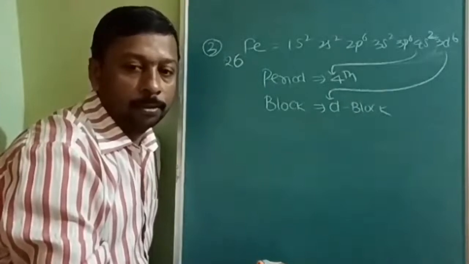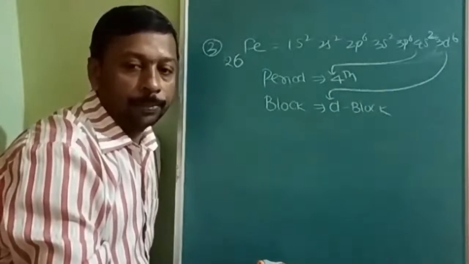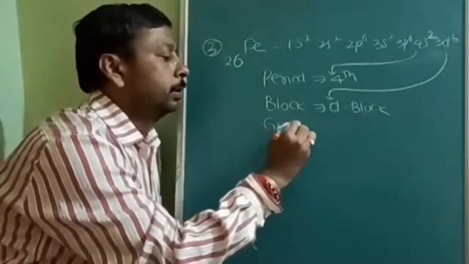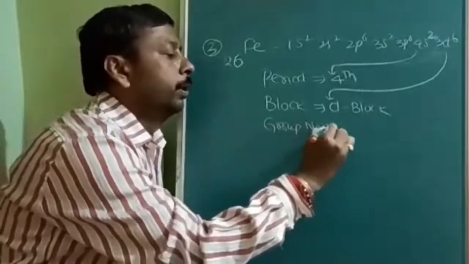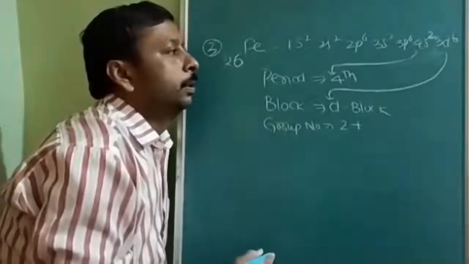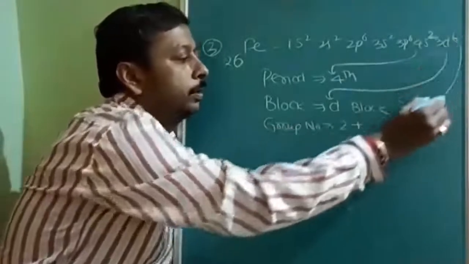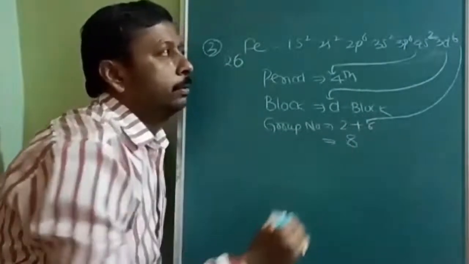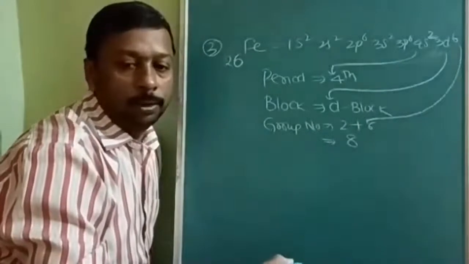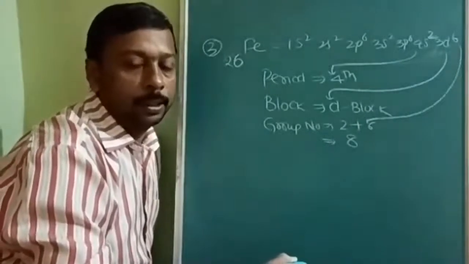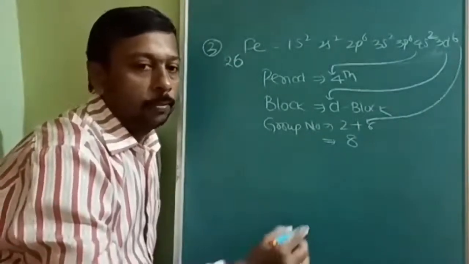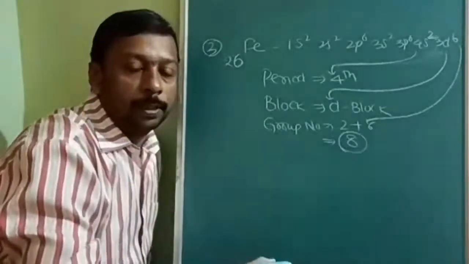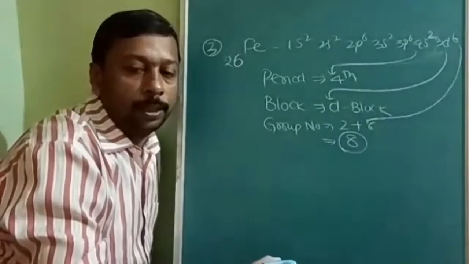For D block, the group number is equal to 2 plus the number of electrons in the D subshell, that is 6. So this will be 8. 2 plus 6, 8. That is the 8th group. Now whatever group number I am writing here is as per the latest IUPAC.